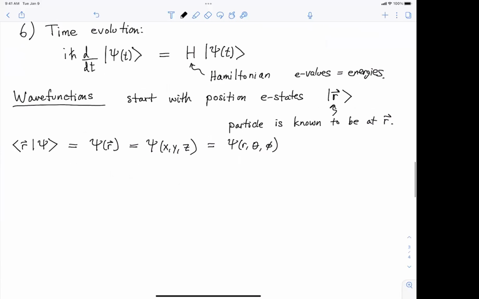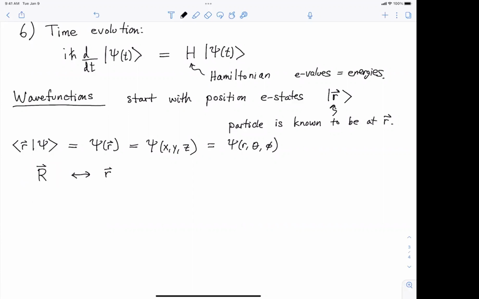Okay, and then the nice thing about using wave functions or the position representation is that the operator for position corresponds to just the ordinary number, vector position, right? So in any expression written in terms of wave functions, when you would normally write the operator, you can write just the ordinary number position.